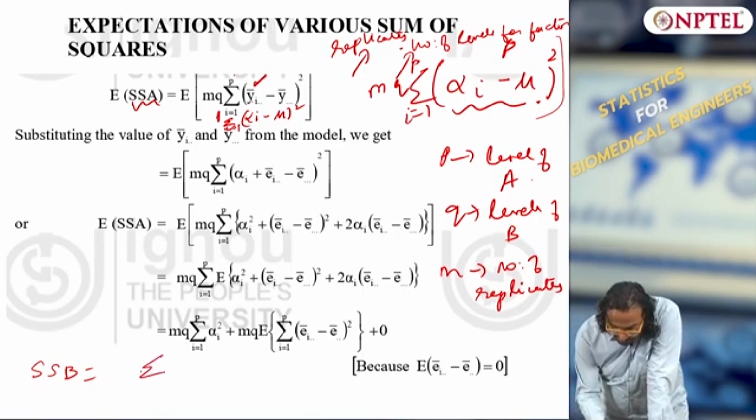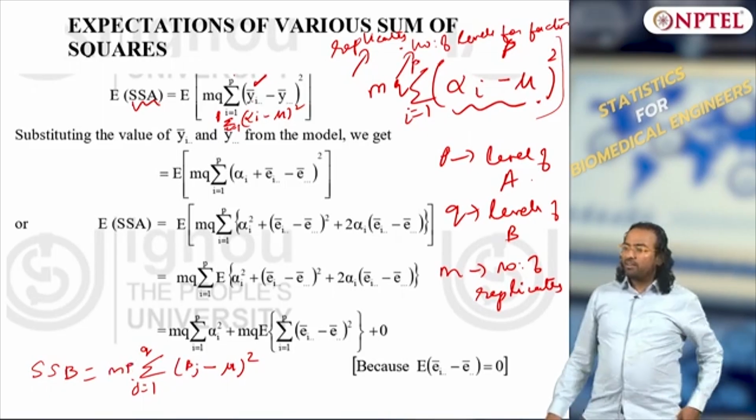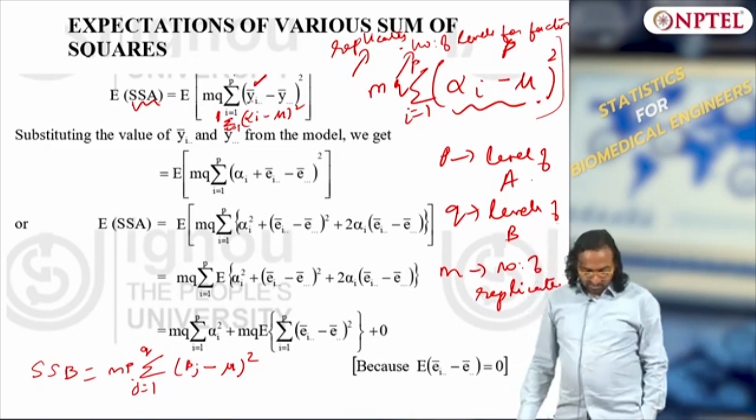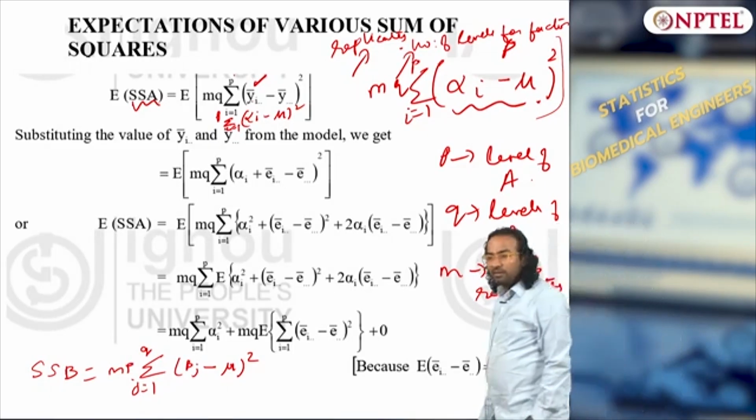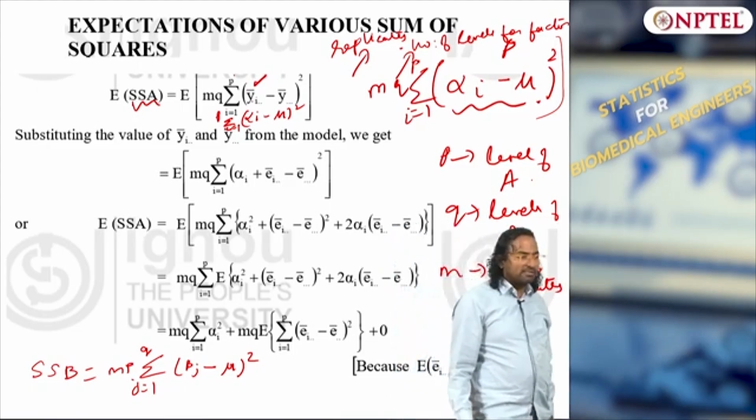This is summation j equals 1 to Q beta j minus mu the whole squared, M replicates for B. This is my sum squared B. Clear? Any questions, concerns, making sense?